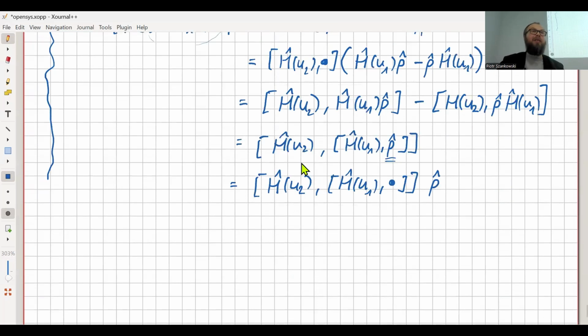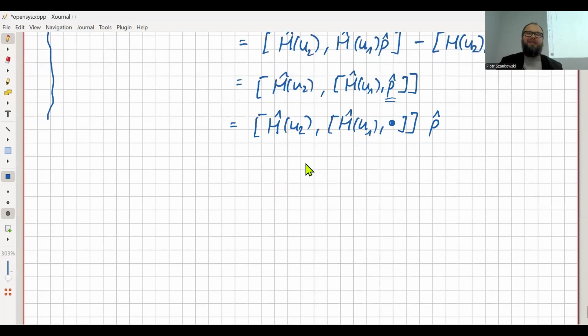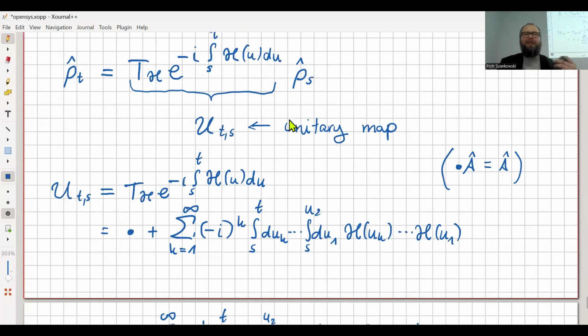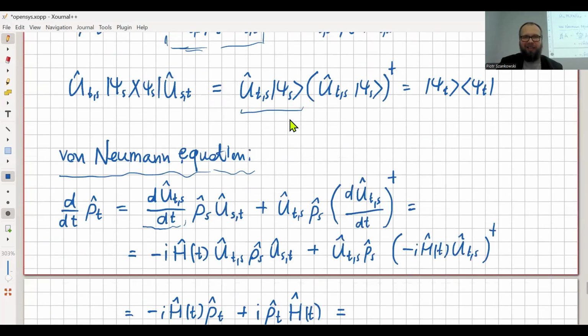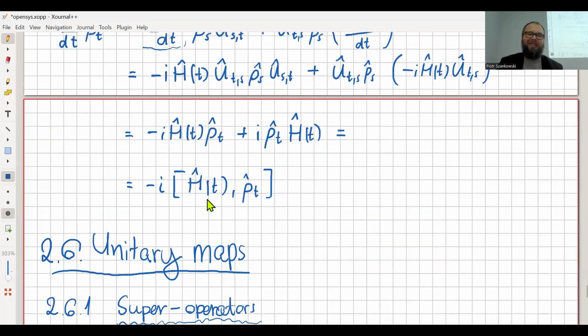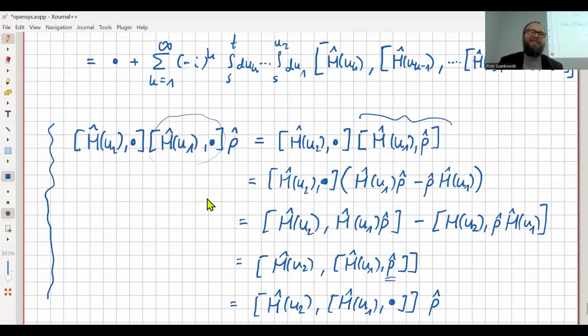But there's more, because we have this solution to the von Neumann equation in terms of superoperators. But we also have a rule for the evolution of the density matrix in terms of evolution operators, not superoperators, and they have to be the same, right?